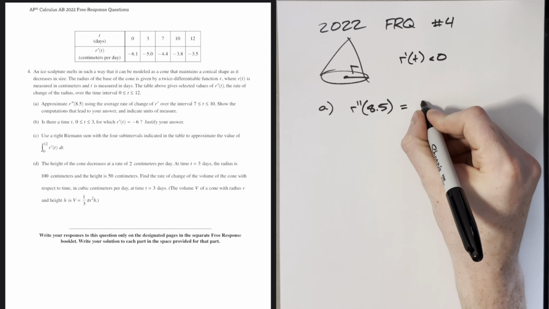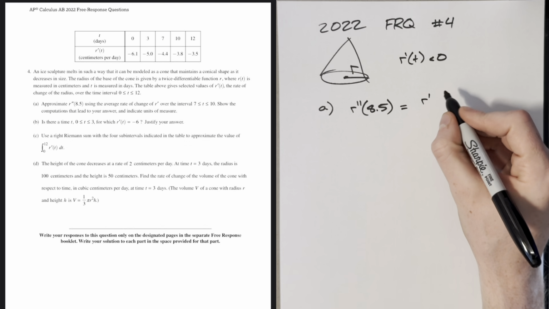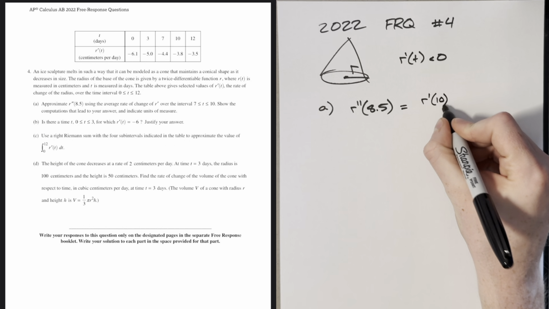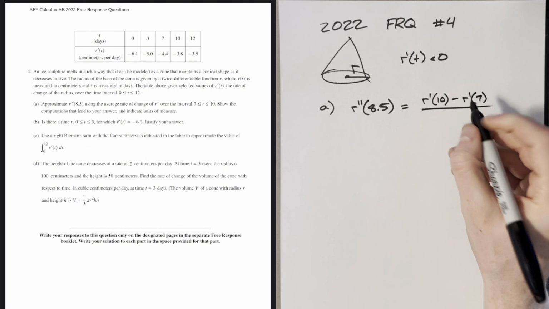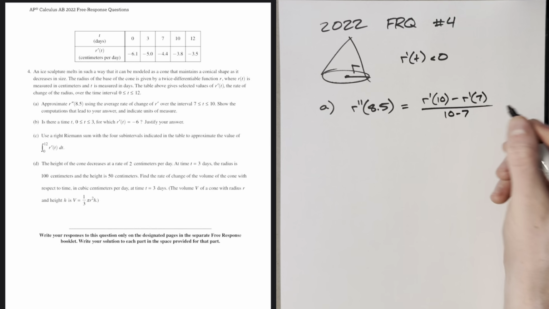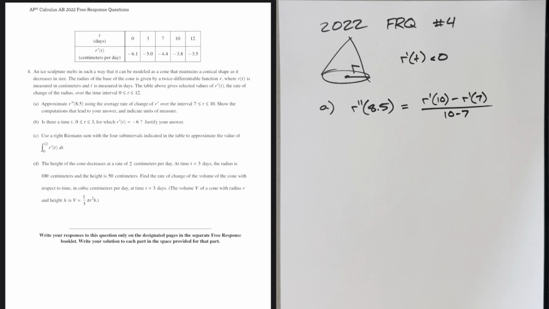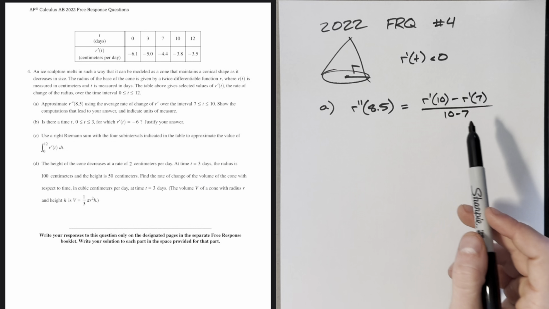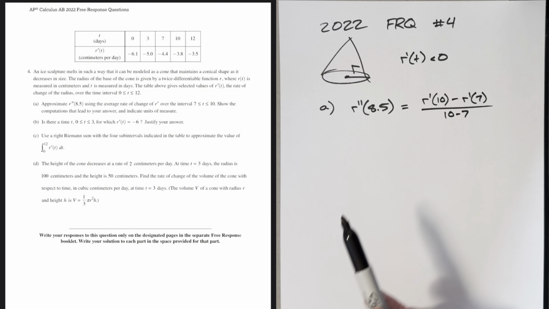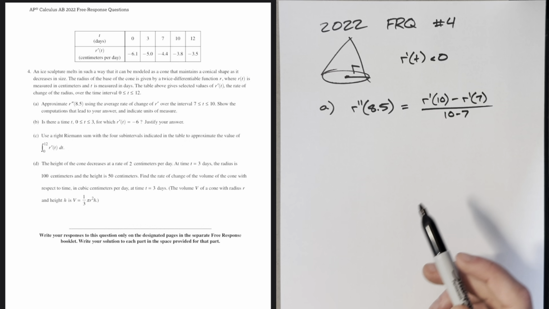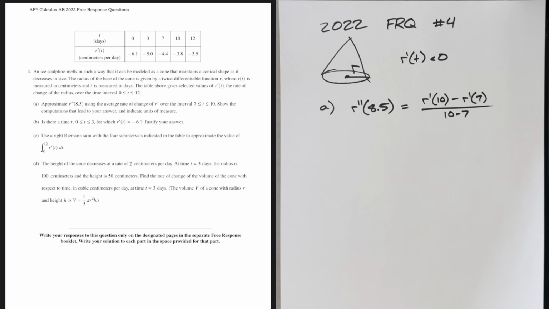Now our function in this case is r prime. So I'll do r prime of my second point on the interval minus r prime of 7, divided by b minus a, which is 10 minus 7. When I find the average rate of change of my first derivative, that's an approximation for my second derivative. Same thing if I found the average rate of change of just my r function, like r of t, that would give me an approximation for r prime.